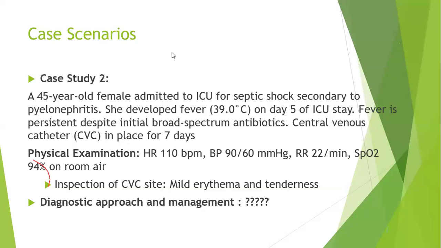It's kind of prolonged, and then at the catheter site there is erythema and tenderness, showing some evidence of ongoing inflammation around the source of the infection, and then the patient developed fever and the parameters, tachycardia, respiratory rate, and blood pressure changes are all evidence of infection.